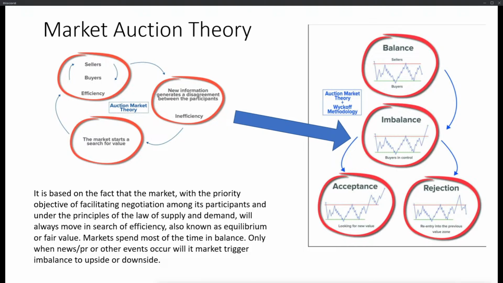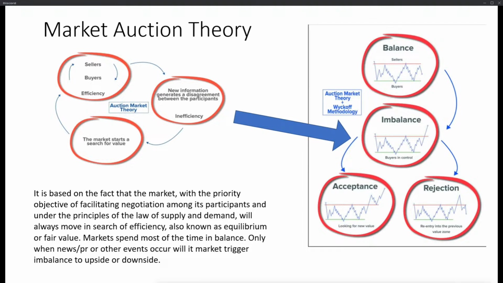Okay. So now going forward, does everybody understand? I covered it briefly. So markets in balance, people are happy, that's a fair value. Then you have the imbalance, people step in, and usually you have initiative buyers, initiative sellers, or responsive buyers and sellers that are playing a role. When you're breaking a balance, you usually have initiation of buyers or sellers: buyers on the upside, sellers on the downside.